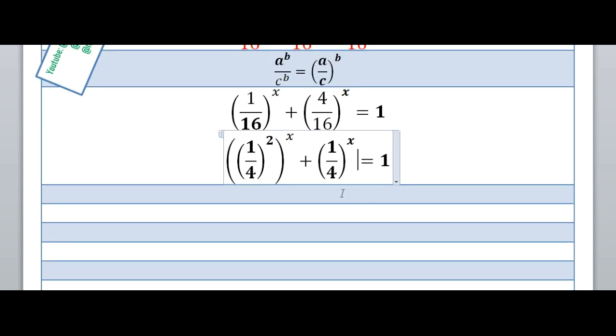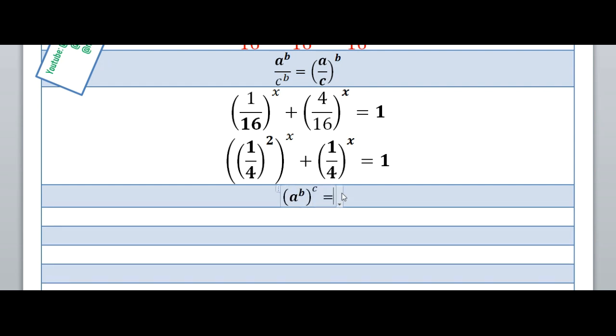So here, you can use the laws of indices. When you have, in bracket, a raised to power b, then all of that raised to power c, this is the same as a raised to power bc, because the power outside multiplies the power inside.